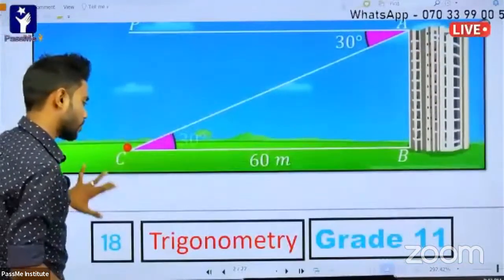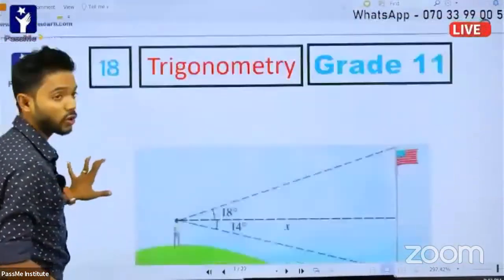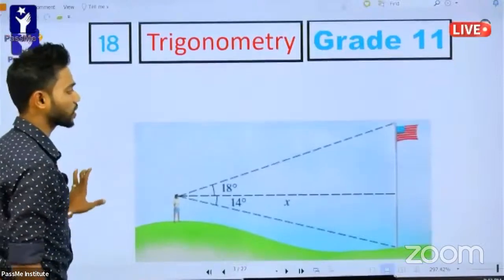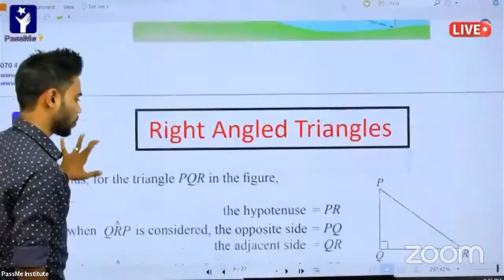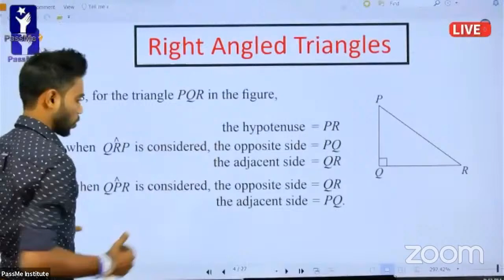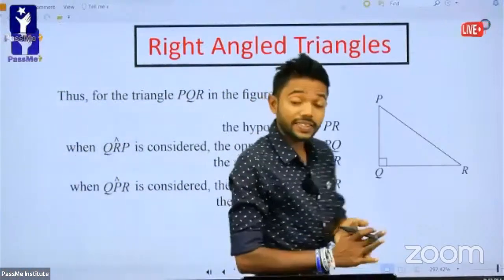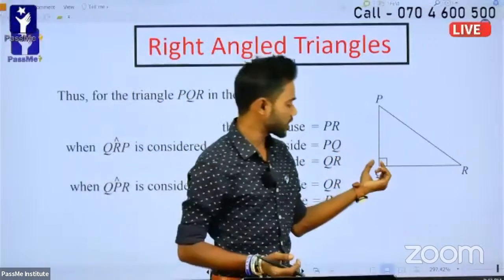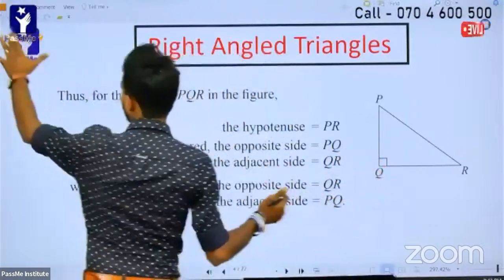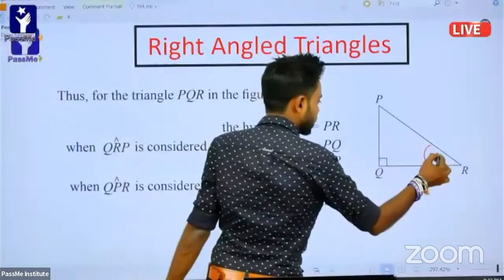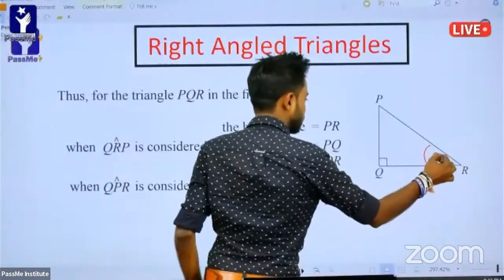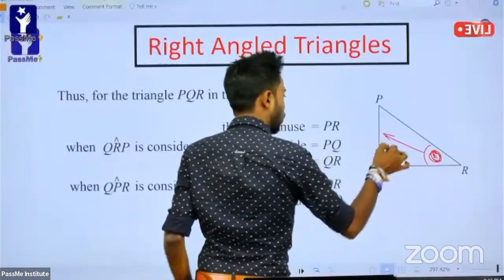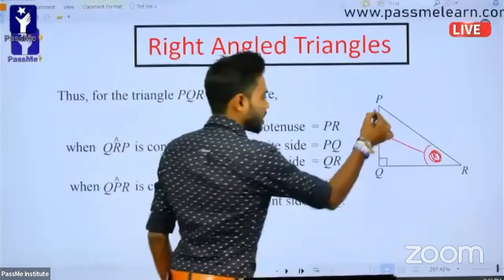Now, the last time we discussed the meaning of trigonometry and the usage of trigonometry. And also we discussed that trigonometry theories can only be applied to right angle triangles. So if you take this 90 degree, and this angle theta, with respect to that theta you can see the opposite side is PQ.